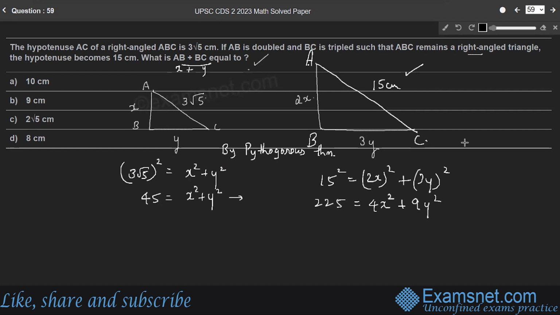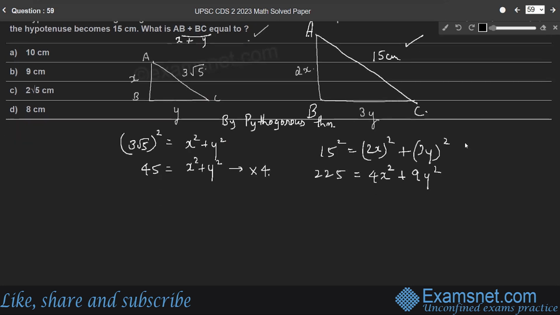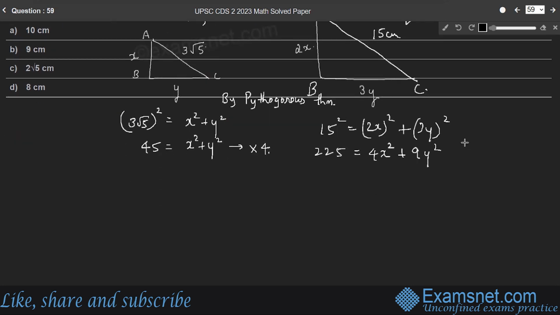So when the first equation is multiplied by 4, 45 into 4, which is 180, is equal to 4x square plus 4y square. And the second equation stays as it is, 225 is equal to 4x square plus 9y square.